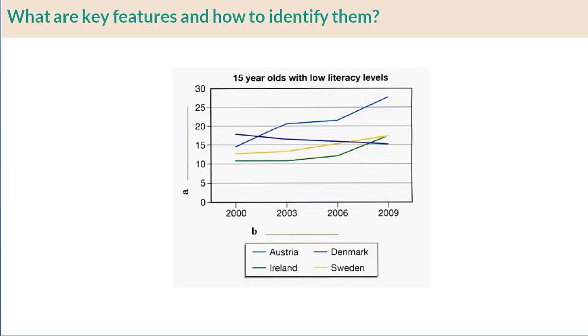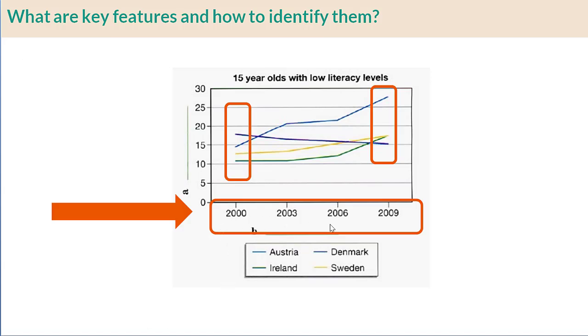So the graph that we have shows a change in the number of 15-year-olds with low literacy levels over the course of 9 years. What is important for us here?